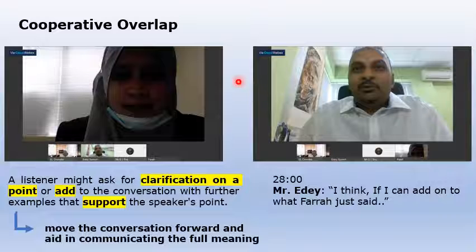In cooperative overlap, you can see how Mr. Addy interrupted and said, "I think if I can add on to what Farah just said," and then the moderator allowed him, saying, "Sure." So this is what we call cooperative overlap. Mr. Addy interrupted to add points to support what Ms. Farah was just saying at that time. So this overlap helped move the conversation forward and aid in communicating the full meaning to all who are listening in the webinar.